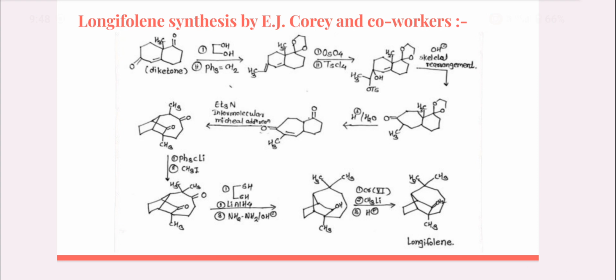There is a formation of OH and CH3. In the last step we use H plus. So there is loss of a water molecule, and here a CH2 group is formed at this particular position, that is carbon 15, CH2 group formation. So this is the synthesis of the longifolene molecule.